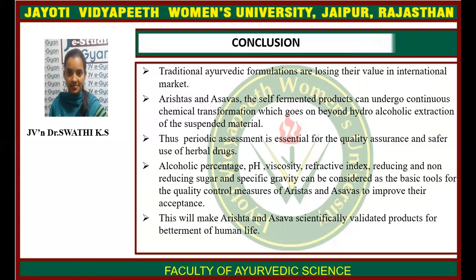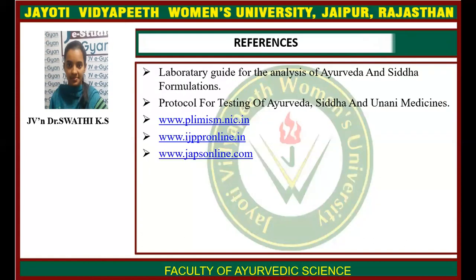Alcohol percentage, pH, viscosity, refractive index, reducing and non-reducing sugar, and specific gravity can be considered as basic tools for the quality control measures of ARISHTAs and ASAVAs to improve their acceptance. This will mark ARISHTA and ASAVA as scientifically validated products for the betterment of human life.